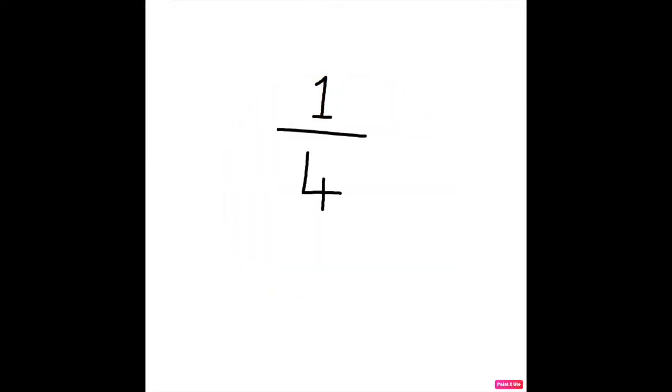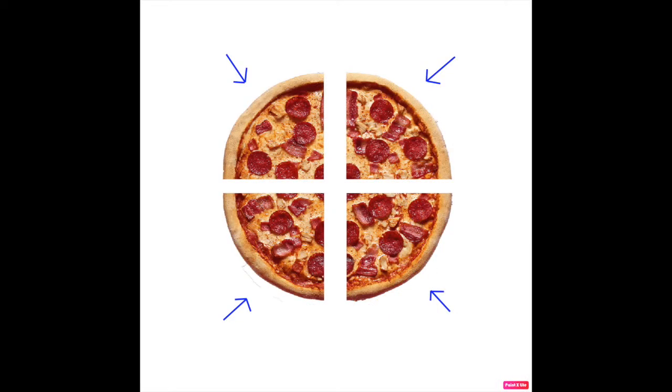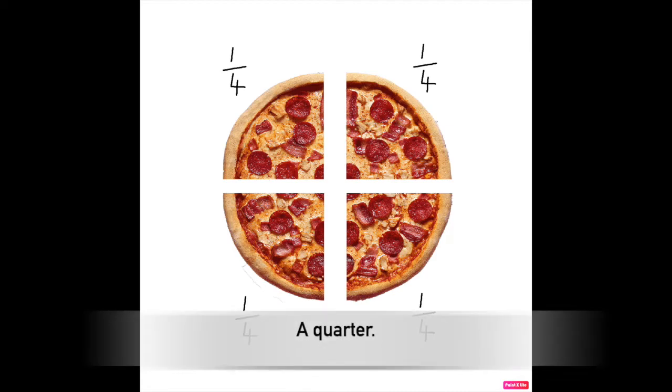A quarter is 1/4. Again, the line in the middle means of. So each piece is one of 4 equal pieces. This is 1/4, this is 1/4, this is 1/4, and this is 1/4. Each is called a quarter.